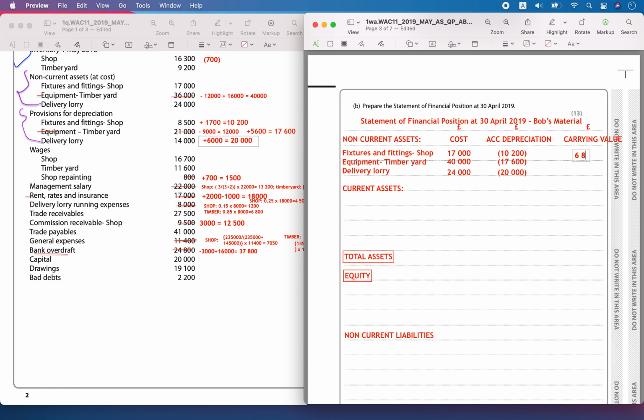Then 40,000 minus 17,600 is 22,400, and the third one is 24,000 minus 20,000, that is 4,000.